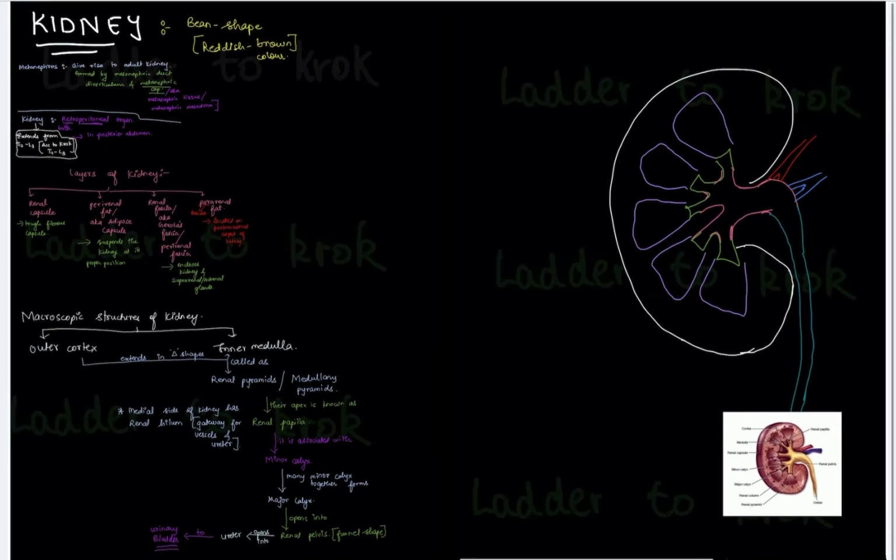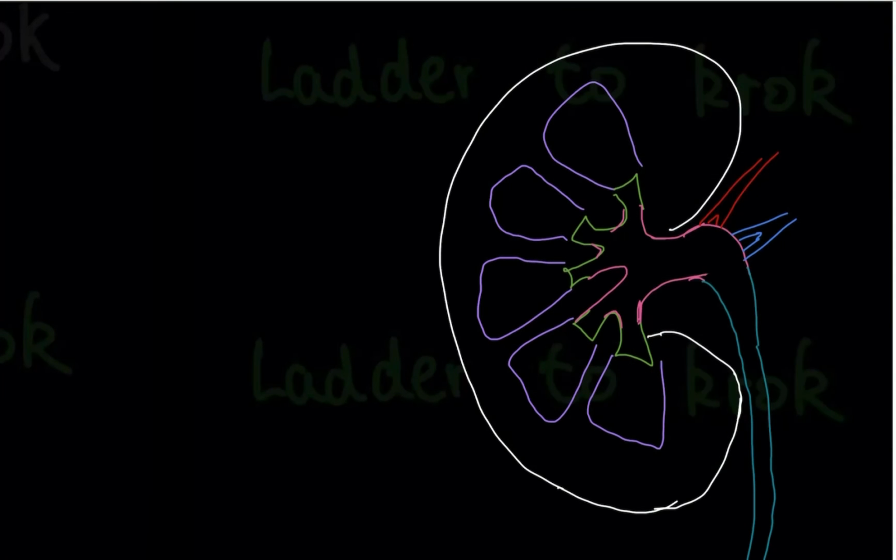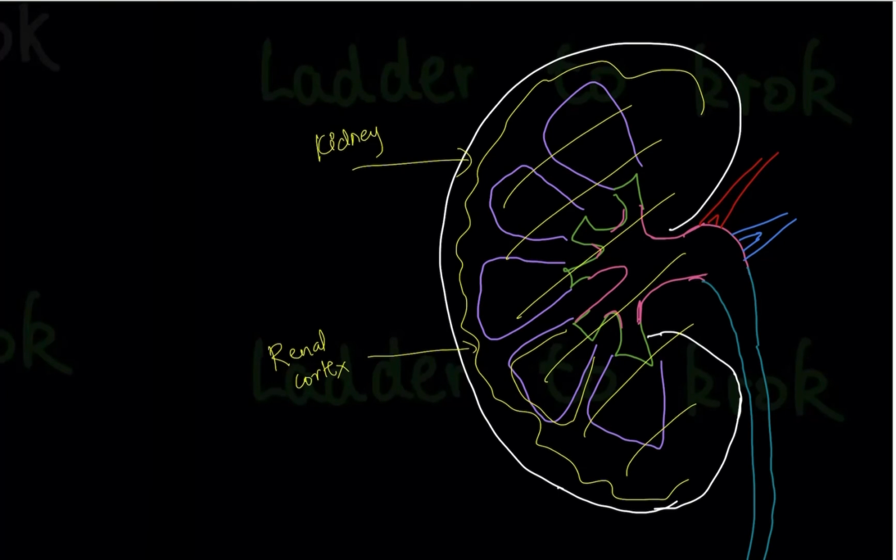Now let's look at these structures in detail. You have to draw the simplified diagram which I have drawn. So you have this bean-shaped kidney. This on the outer surface which you're looking at is your renal cortex. Then this renal cortex extends into the medulla. This part which you're seeing is the medulla, and you have these medullary pyramids.